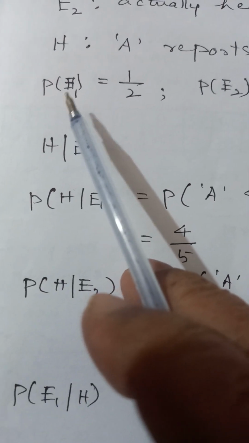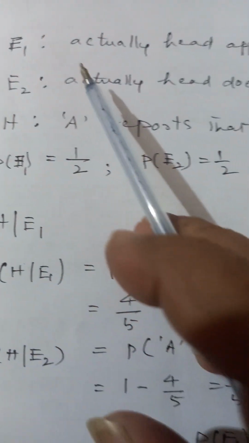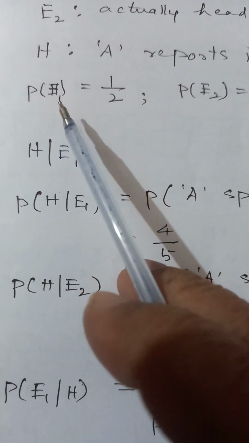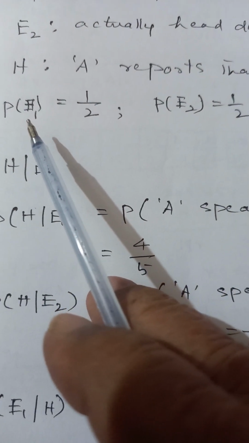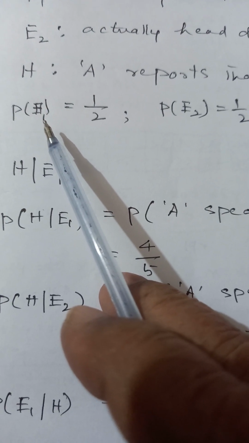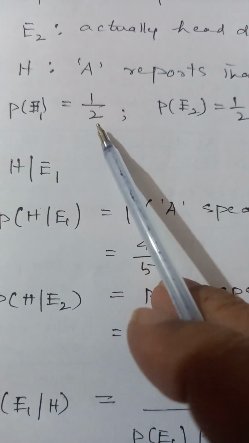And now probability of E1. What is E1? Actually head appears. So when a coin is tossed, there will either be head or tail. The probability of head showing up is half.